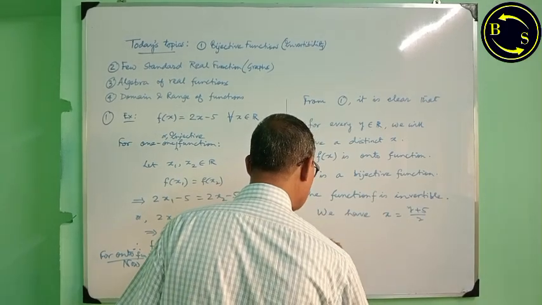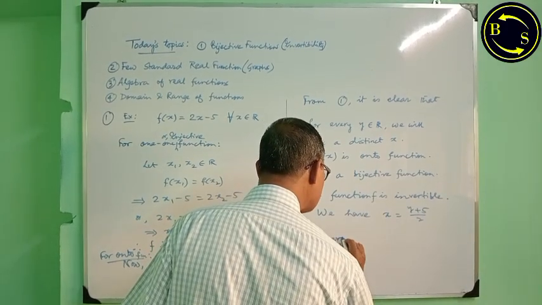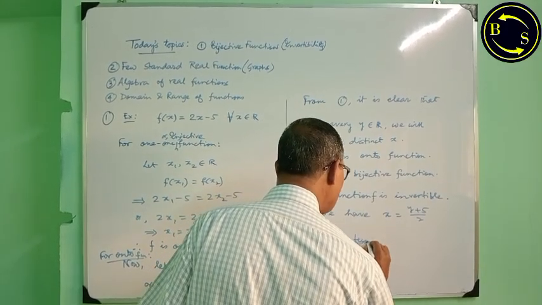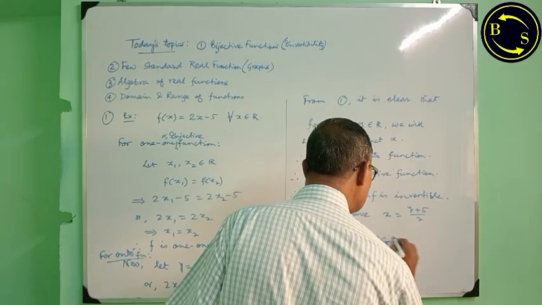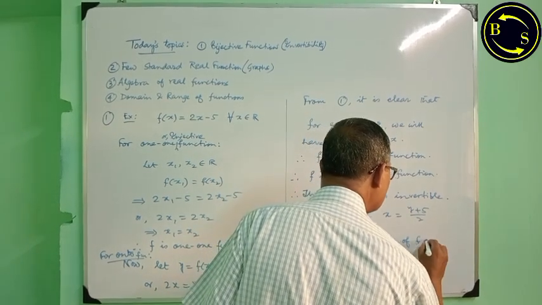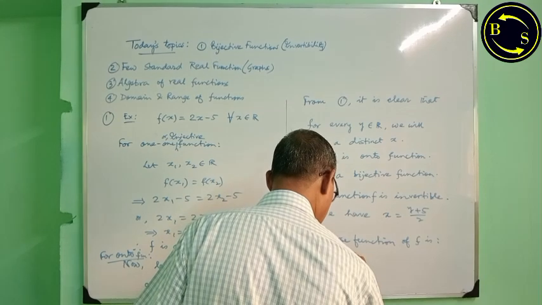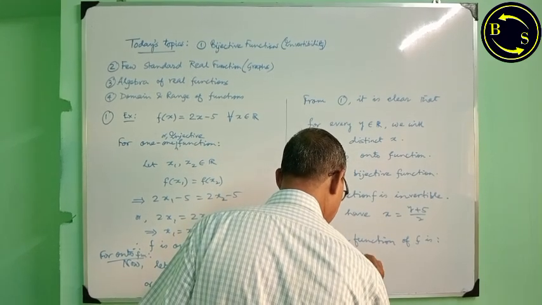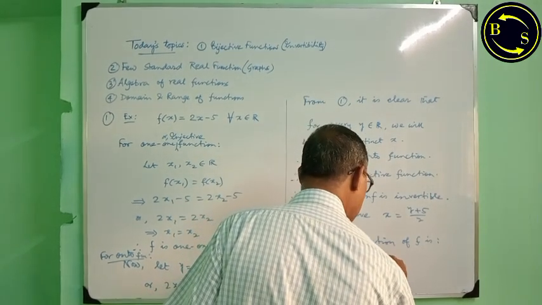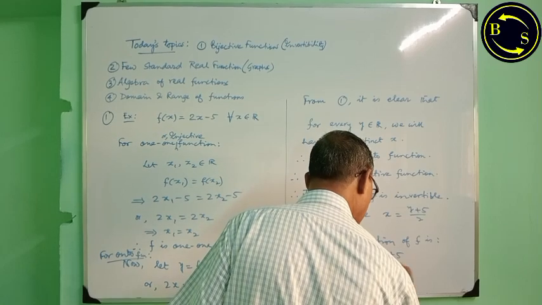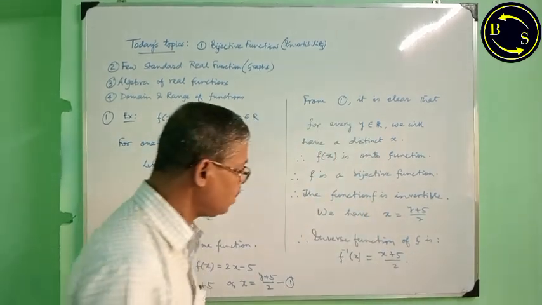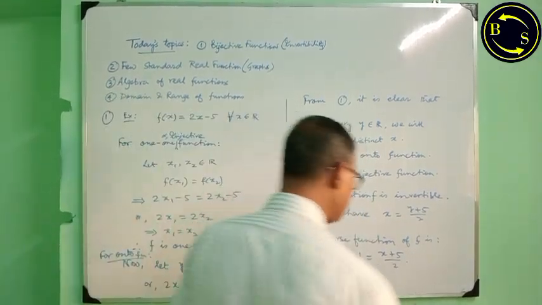Therefore, the inverse function of f is f inverse of x equal to (x plus 5) by 2 for all real x.